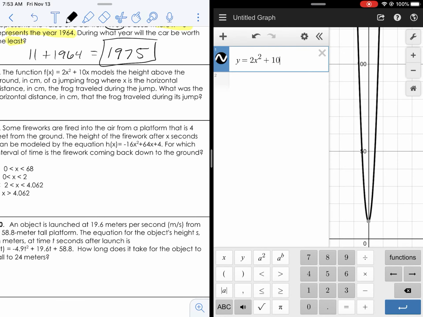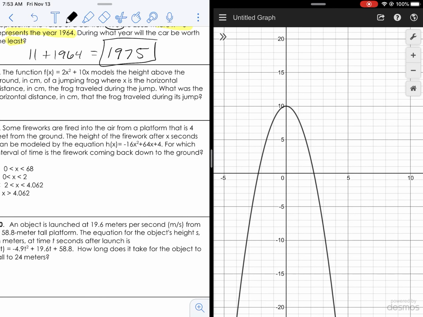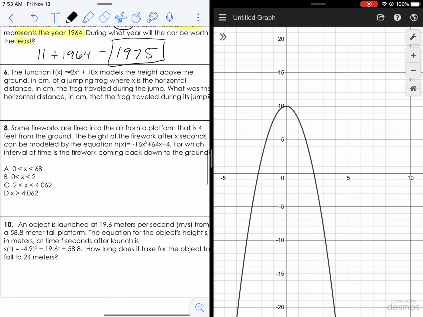Let's see here. I think that one should be negative as well, just to show the jump of a frog. So the key here is we've got to find our starting distance and our final distance. So it says x is our horizontal distance.